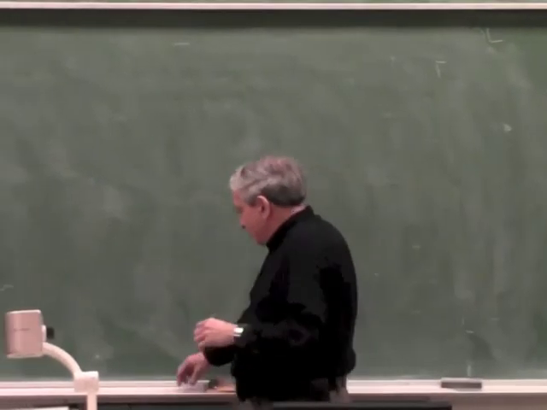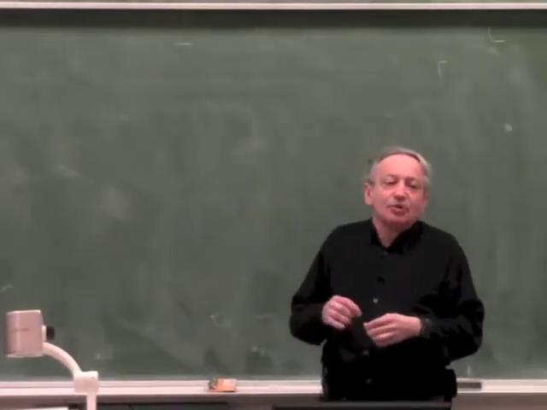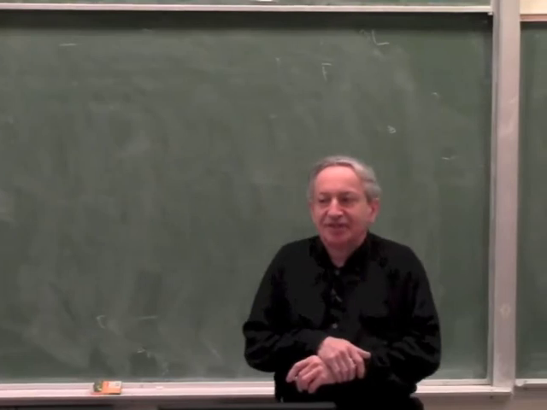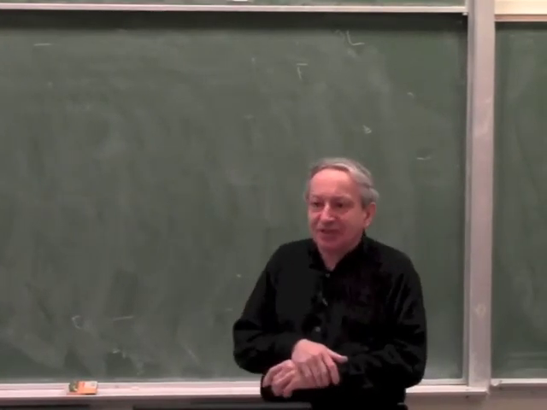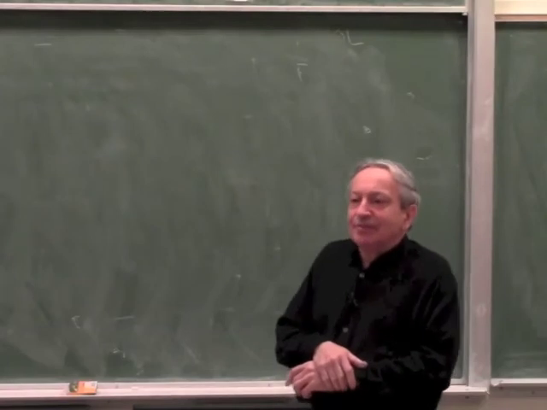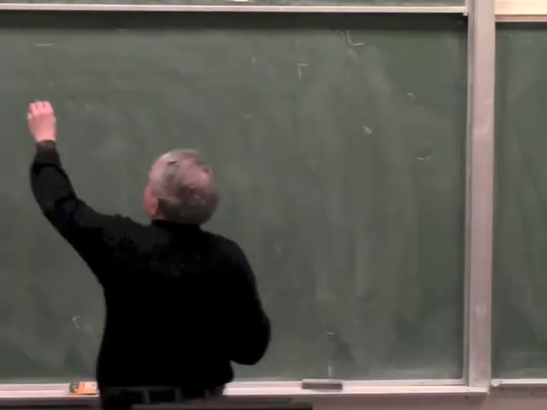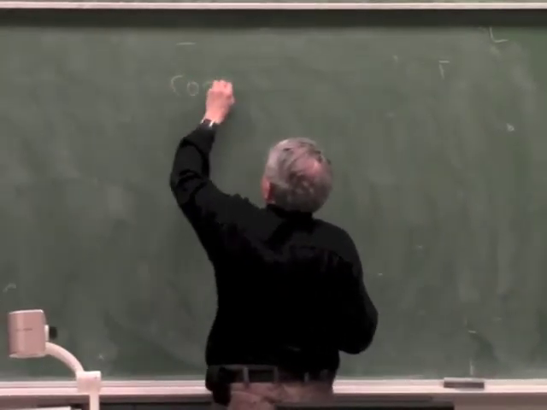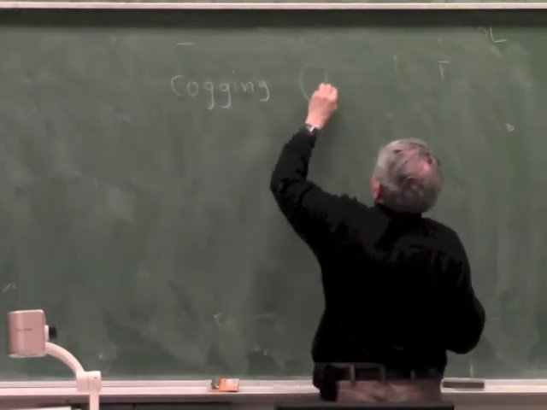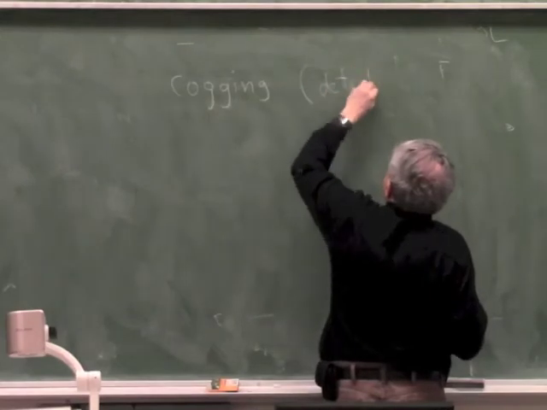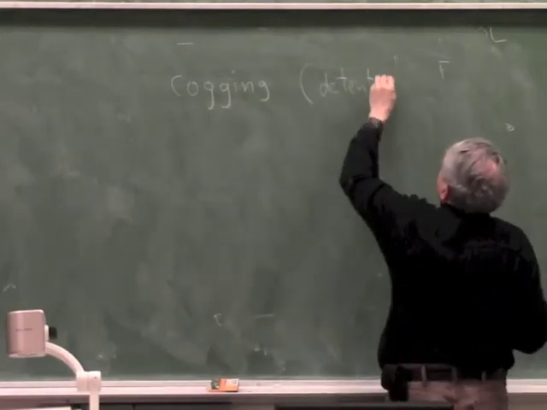One small item is when you use these motors in servo systems, there is another parameter which is usually never mentioned, but it's critical. And that parameter is called cogging. Or it's also sometimes called detent or detent torque.